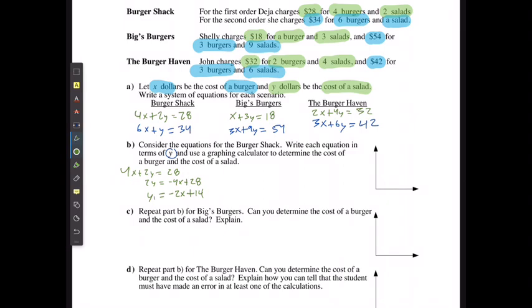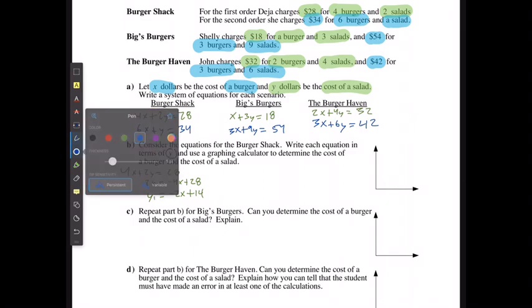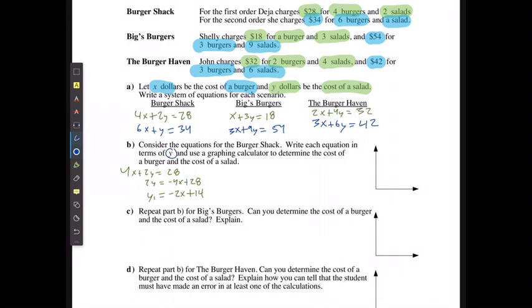I'm going to call that y1. For the second equation, if 6x plus y is equal to 34, then y is going to equal negative 6x plus 34, and I'm going to call that y2.